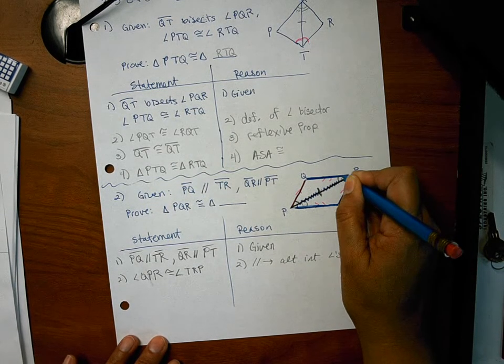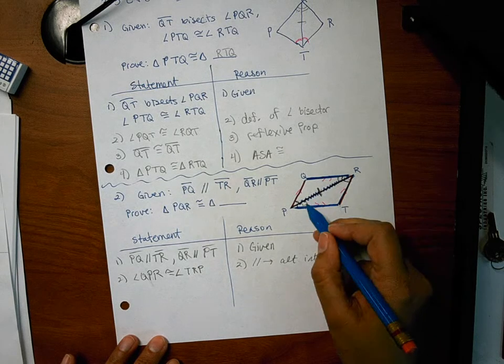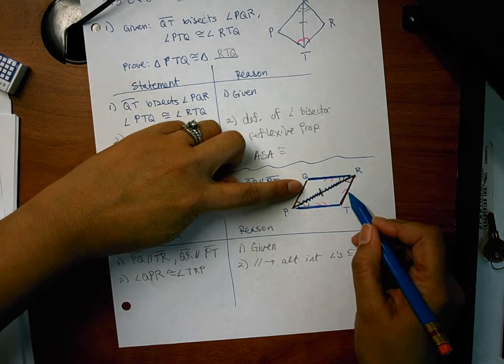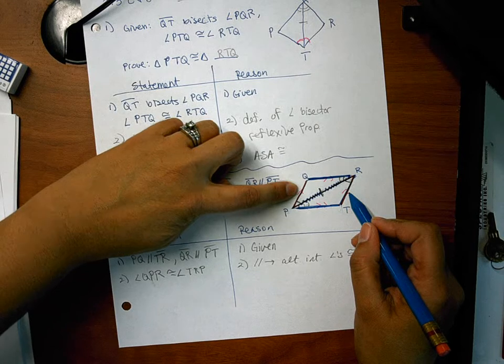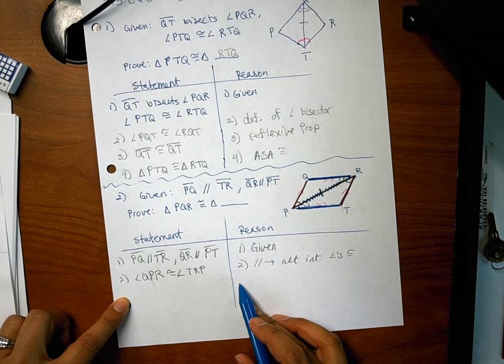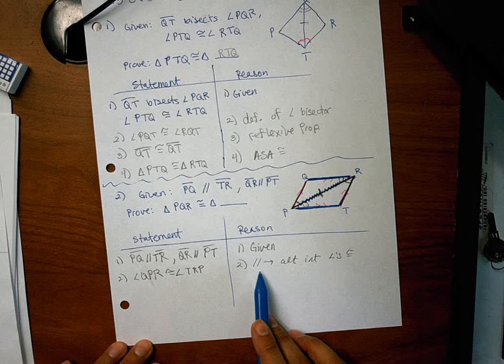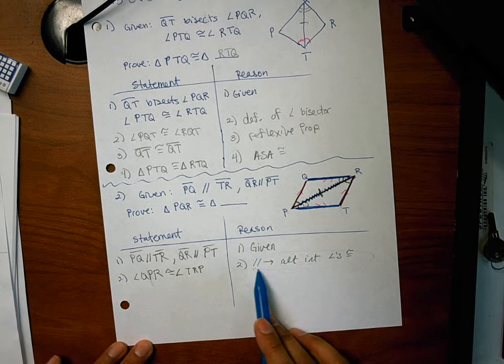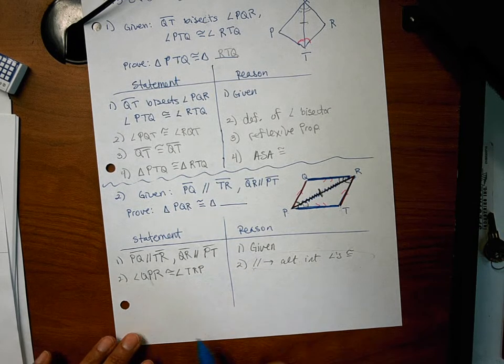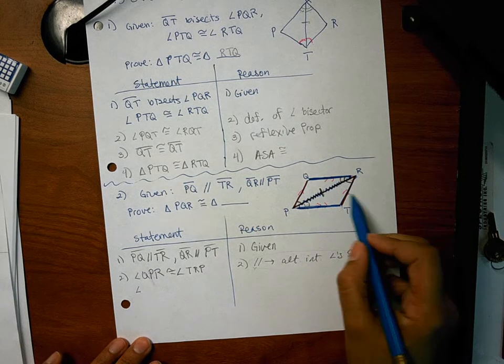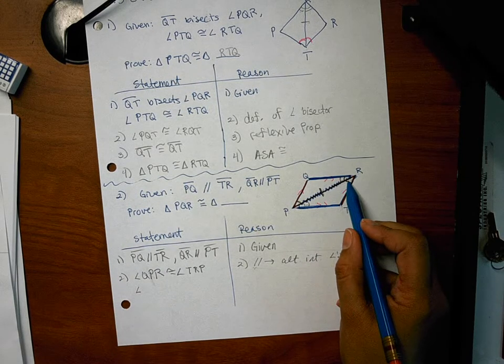Okay, now I'm going to talk about these double angle markings there. These two are congruent because these two lines are parallel, the red ones. So you have a choice. You can call that number 3. I'm going to stick with number 2 because it's the same reason. Because the lines are parallel, alternate interior angles are congruent.